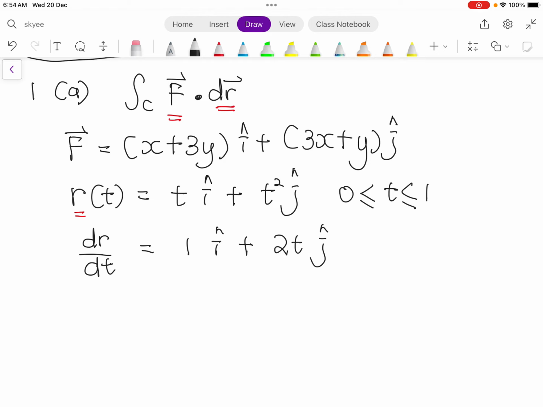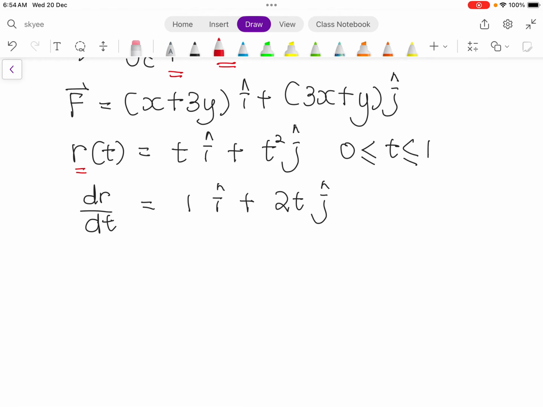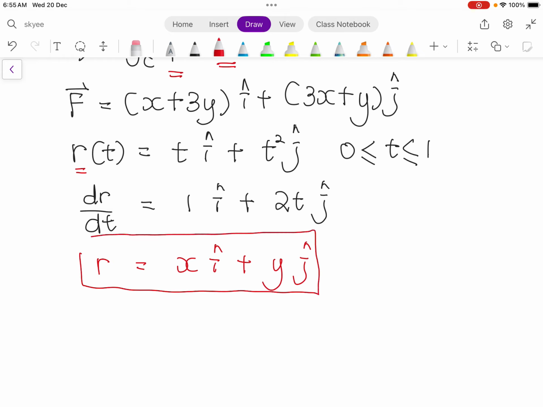Now I want you to take note of something you must remember: r equals xi plus yj. This always applies for all the line integrals of vector field.